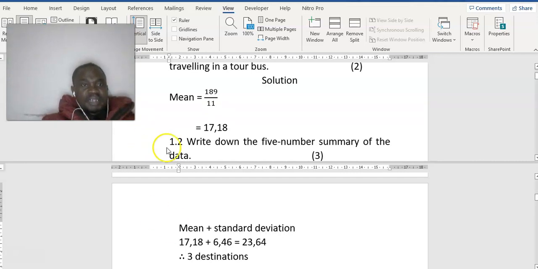Mean plus standard deviation. So this one is going to help us to find the solution.